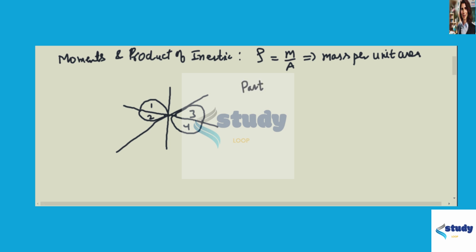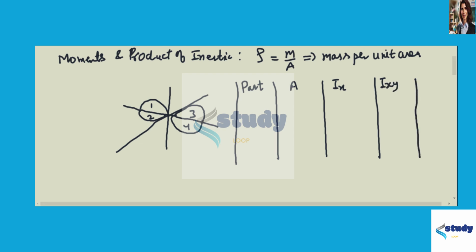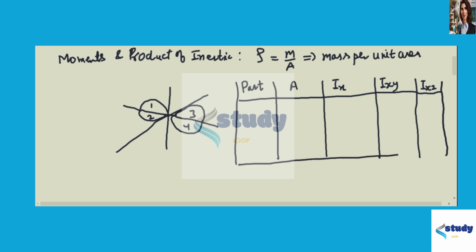Columns: part, area, Ix, Ixy, Ixz. First, half pi r square, 1 by 8 pi r to the power 4, minus 2 by 3 r to the power 4, 0.